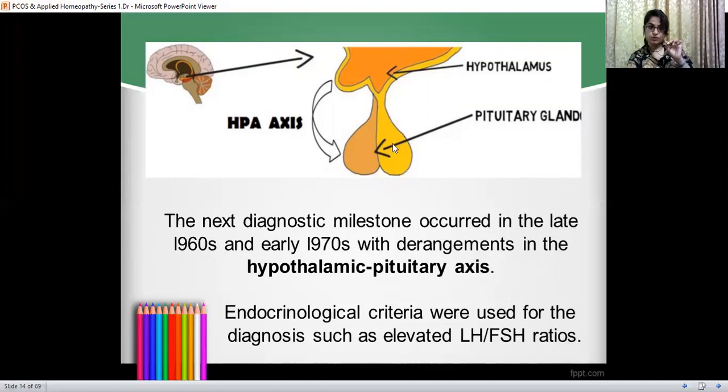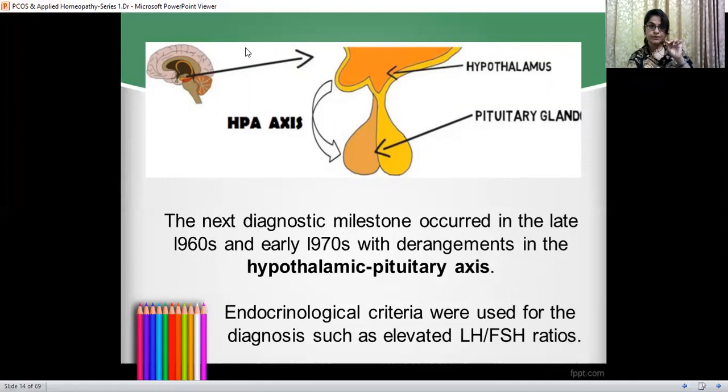This is the anterior lobe, this is the posterior lobe. GnRH hormone secreted from the hypothalamus stimulates the pituitary gland. The anterior pituitary gland in turn gives LH and FSH, which stimulate the ovaries. Ovaries secrete estrogen and progesterone, and ovulation happens. So in modern medicine, the hypothalamus handles everything.